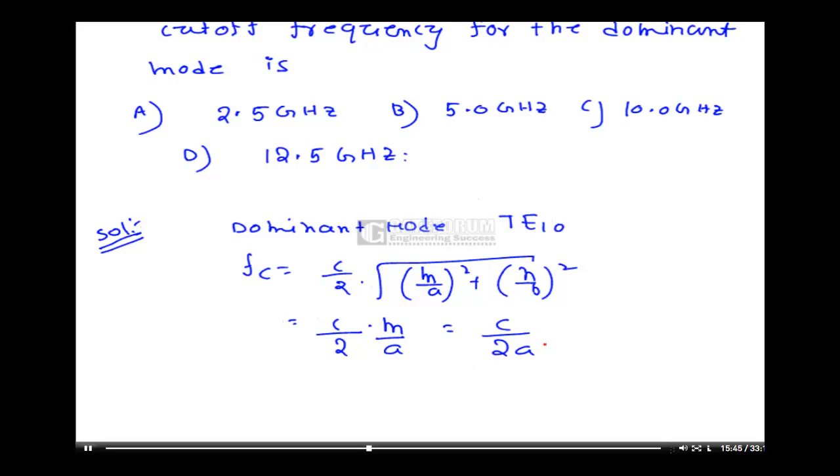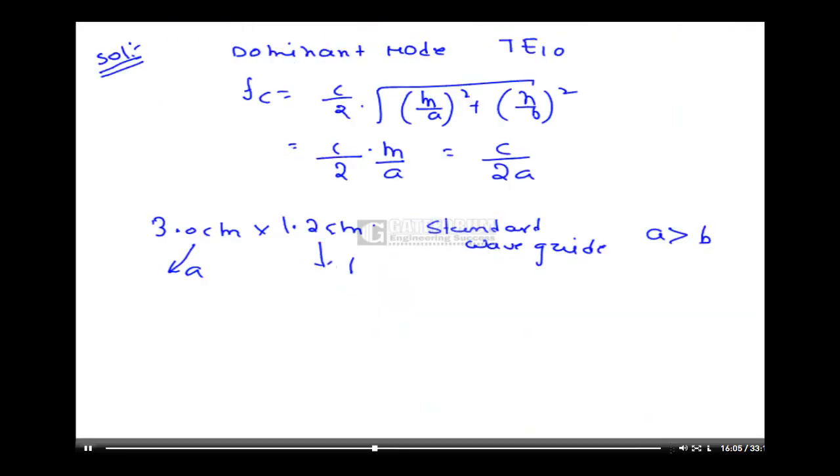Here what are the dimensions? The dimensions are given as 3.0 centimeters cross 1.2 centimeters. We know that for a standard waveguide, a is greater than b. So this is the a value, this is the b value.